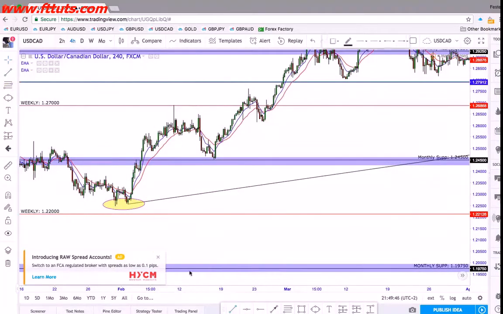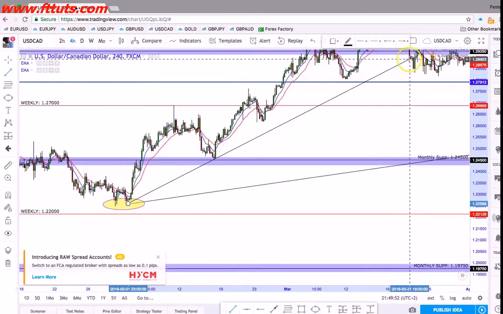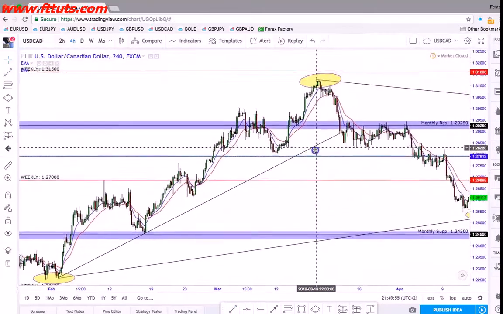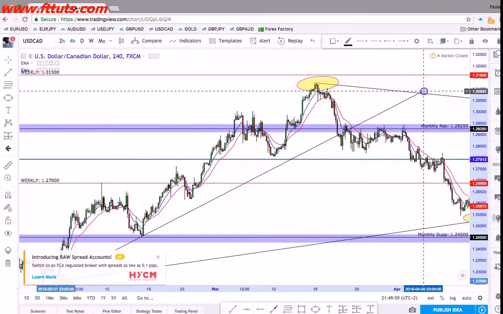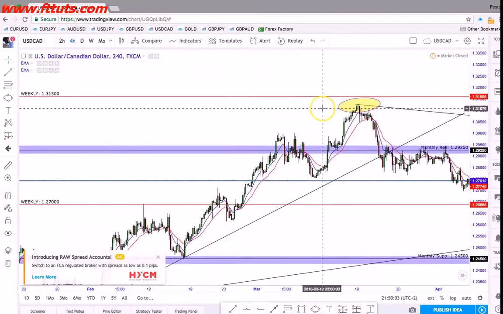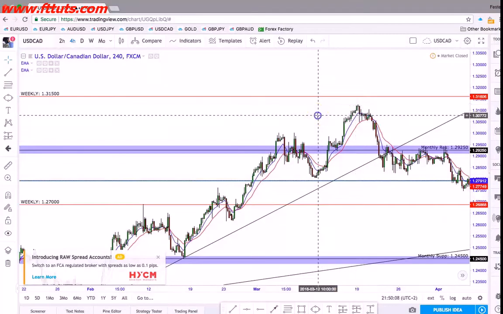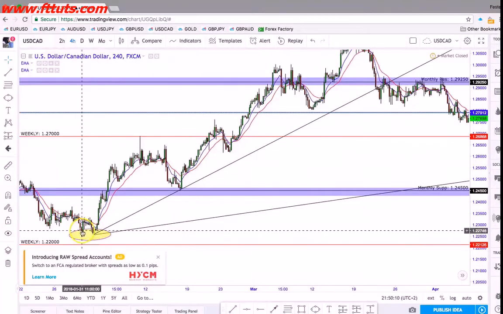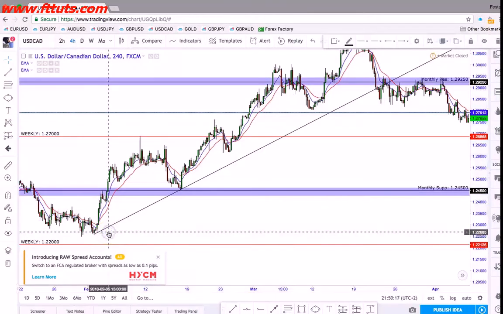Trend line, here's point 1, point 2, and we're throwing it into the future. Let's delete this so you don't confuse yourself. I just want to show you how strong what I'm saying actually is. The third bounce, third break, it's powerful, guys. It's all I trade on.